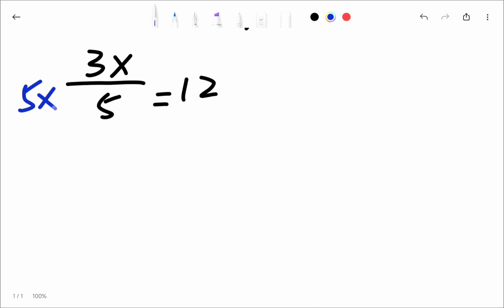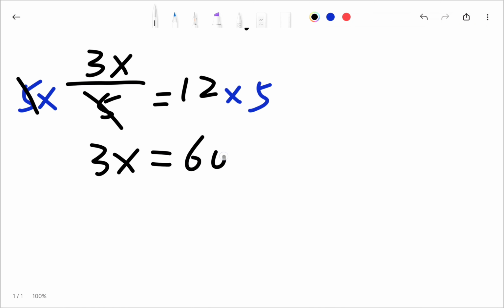And then we need to multiply the left-hand side with 5 and do the same on the right-hand side. 5 and 5 cancel each other out. If you are unsure how that cancelling happened, please check my other video on multiplication of fractions.